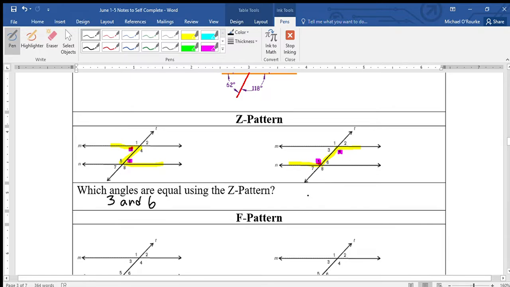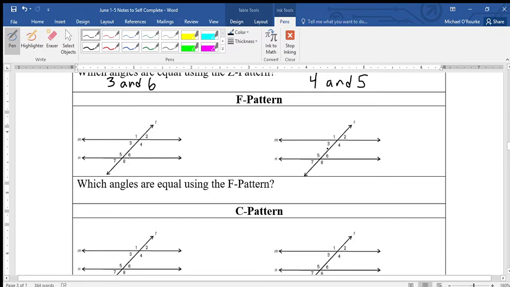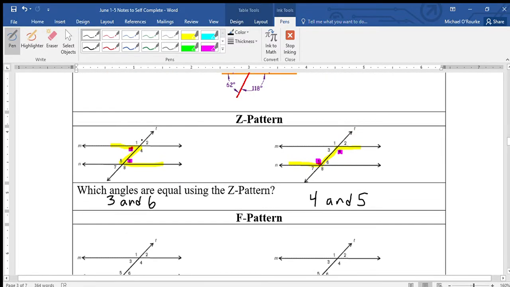And this side here, it is the 4 and 5. I encourage you to get a marker out and mark these off. So it creates a Z, and those two angles are equal. Which ironically make the 4 and the 5 equal as well over here, but not in the case of Z pattern. You couldn't prove 4 and 5 equal using Z unless you flipped it, like so.